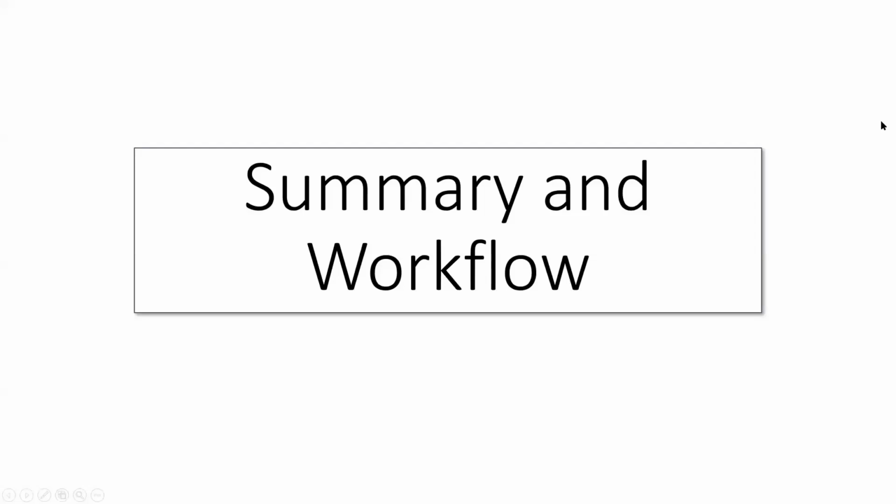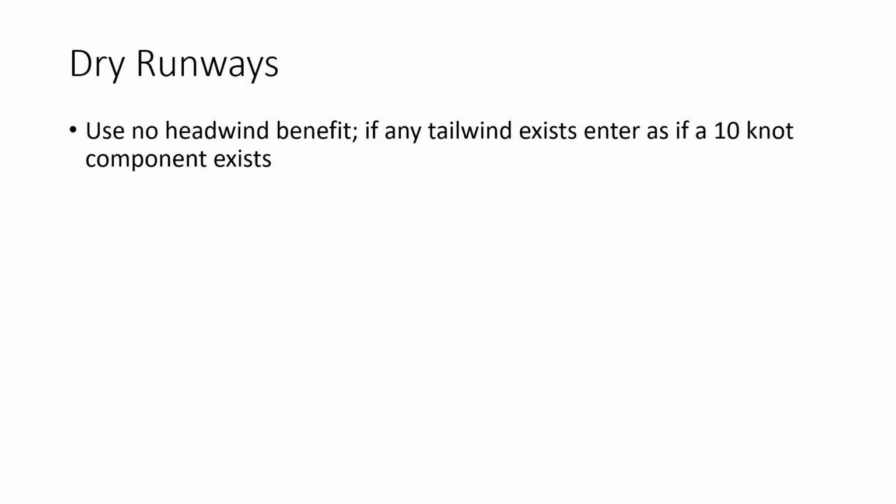So for our summary and our workflow, we're going to start with dry runways, although this is also the baseline we start with for any runway, contaminated or wet. But for dry runways only, for all of our performance planning, use no headwind benefit. And if any tailwind exists, we want to do the planning as if a 10-knot tailwind component existed.